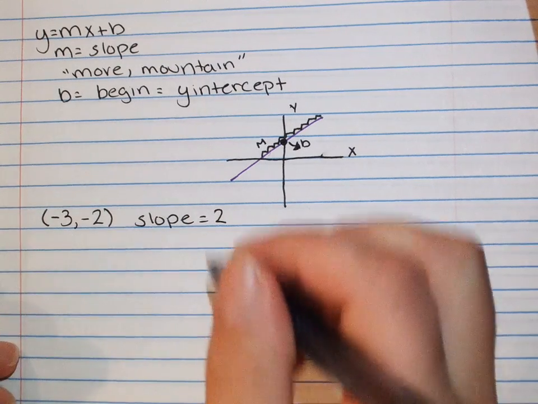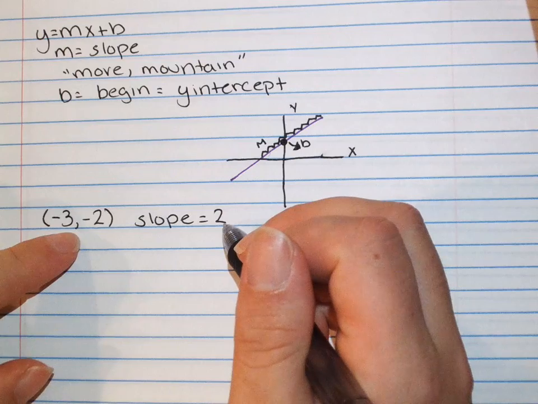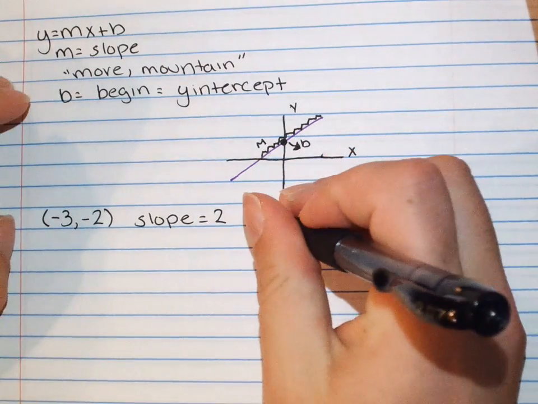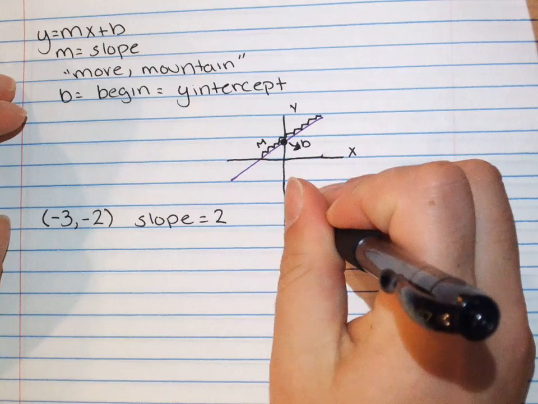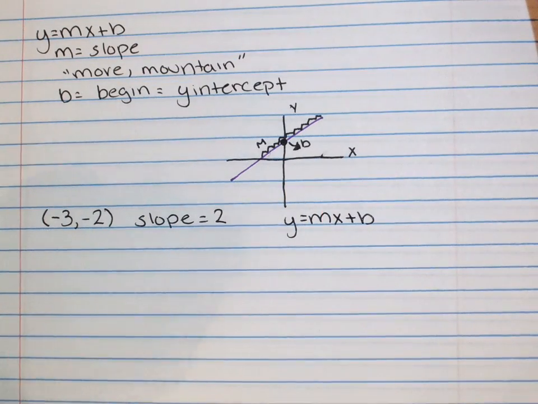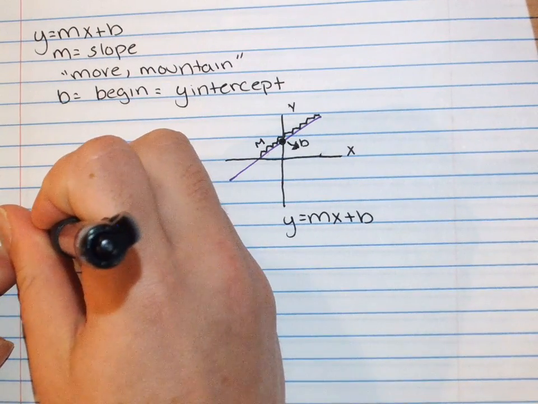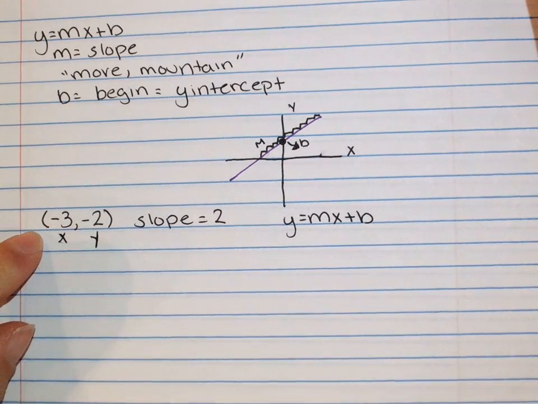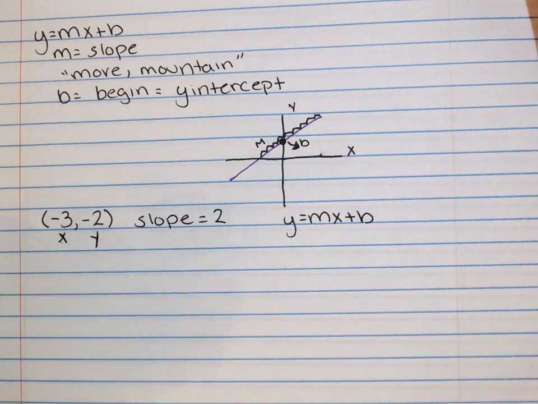So, we're going to write down the format. Remember, y equals mx plus b. And we're going to label everything that we have. So, -3 is an x value, and -2 is a y value, because when we write points, we write x first, then y.